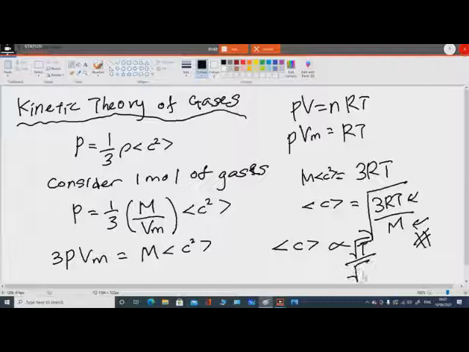This relation is quite important for determining the root mean square speeds. We have done this part, so let's move on.